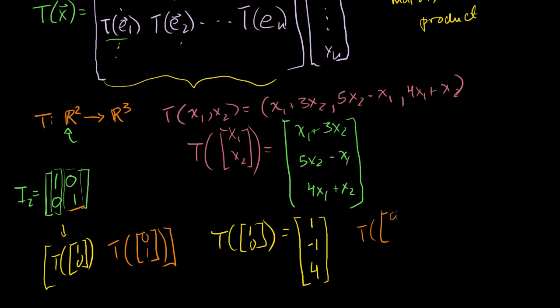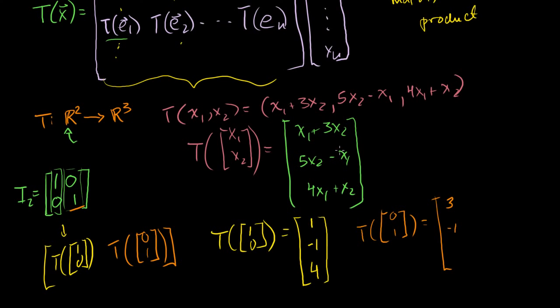And then what is T of 0, 1? T of 0, 1 is equal to, so we have 0 plus 3 times 1 is 3. Then we have 0 minus 1 is minus 1. But let me make sure I did this one right. What was this? This was 5 times 0 minus 1.